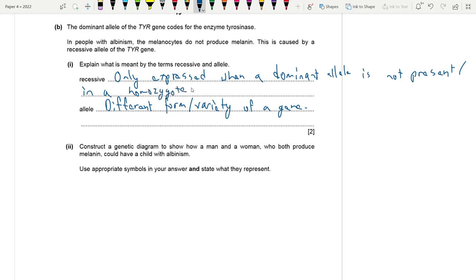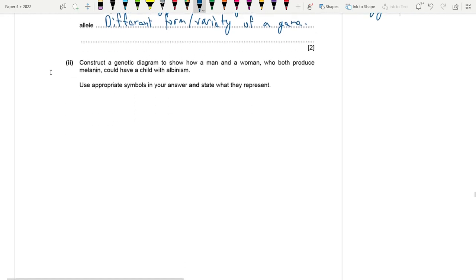Okay. Or you could say that it is not expressed in a heterozygote. Okay. Remember that. Construct a genetic diagram to show how a man and a woman who both produce melanin could have a child with albinism. Okay, that means they may be heterozygotes, right? So let's start. So you need to explain the symbols, right?